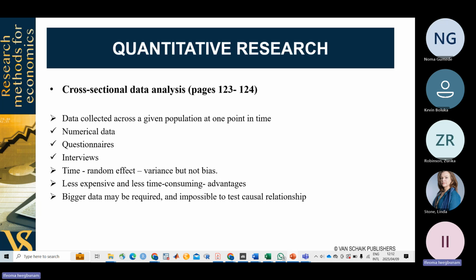From what we've gathered so far, let's look into cross-sectional data analysis. Cross-sectional data analysis simply means that data about a given population is collected within a given time.